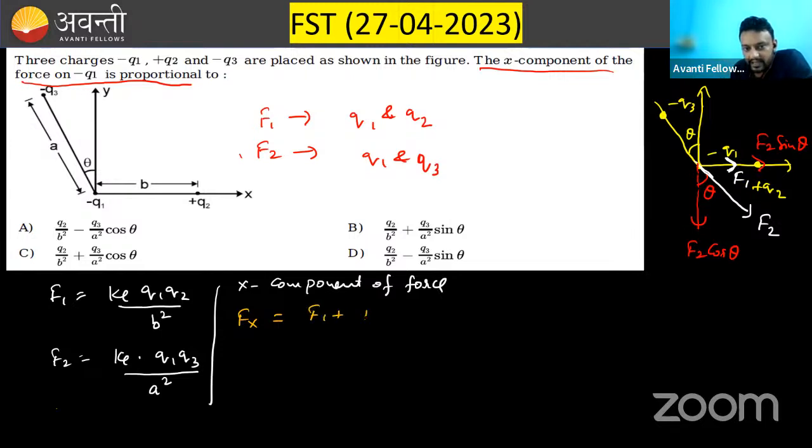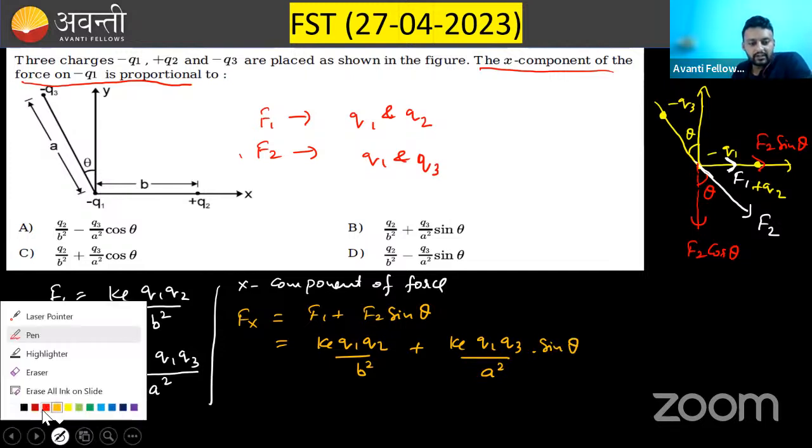That is F1 plus F2 sine theta. Clear? F1 is Ke Q1 Q2 by B square. This is F1 plus F2 sine theta. F2 is Ke Q1 Q3 by A square into sine theta.